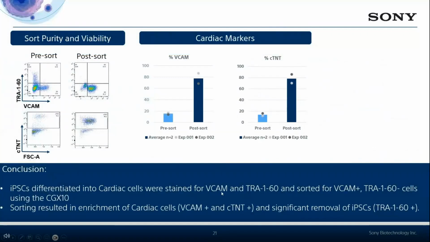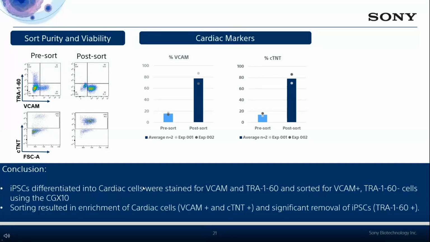So what you can see from histograms in the upper left, pre-sort, there's a substantial population of TRA1-60 cells, and post-sort, we see that they are greatly reduced.